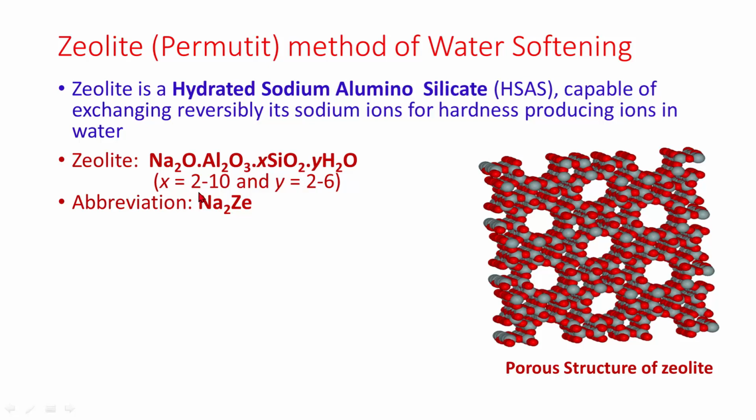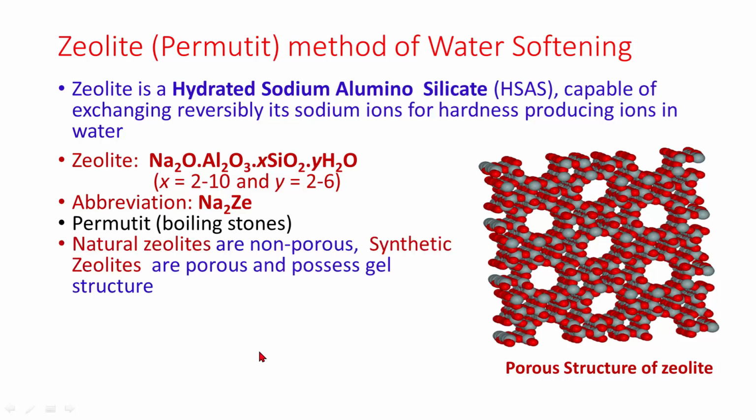So x can have value from 2 to 10 and y can have value from 2 to 6. So it is a hydrated sodium aluminosilicate. It is abbreviated as Na2Ze. It is also termed as permutit, that is boiling stones.